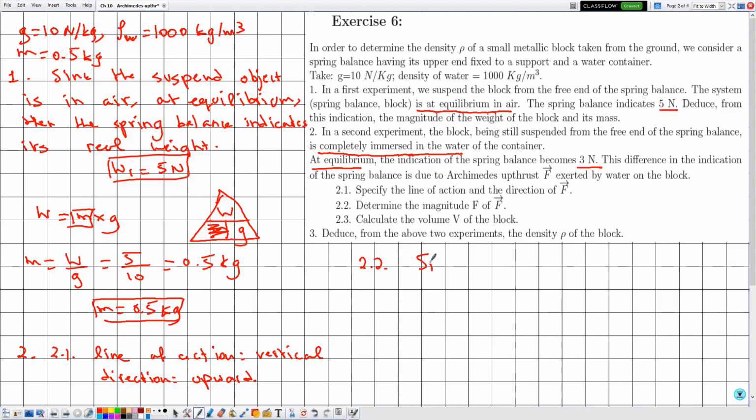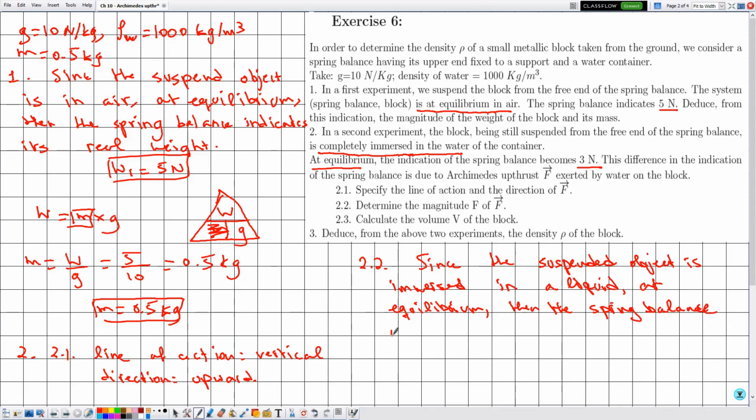Let's say since the suspended object is immersed in liquid at equilibrium, then the spring balance indicates its apparent weight.